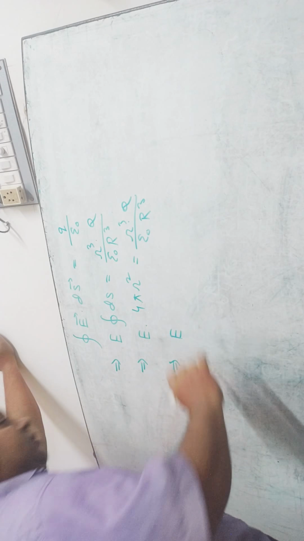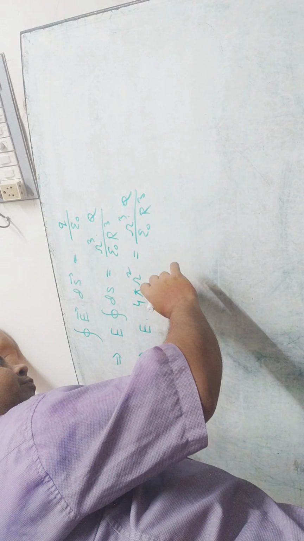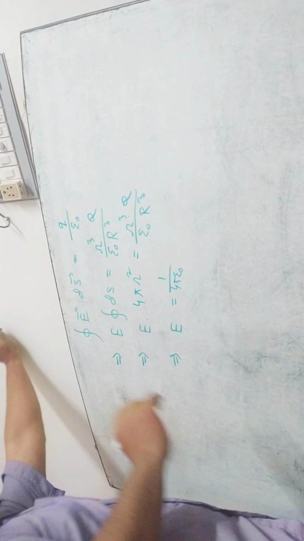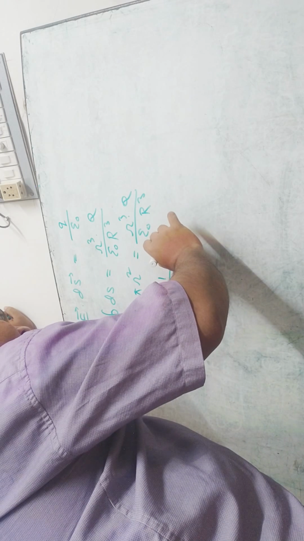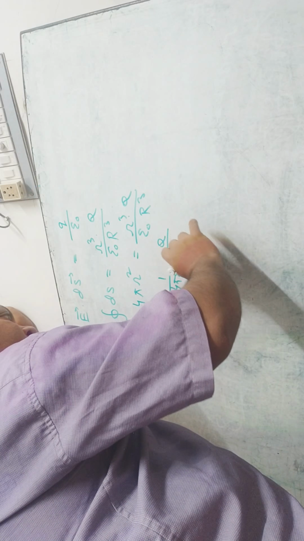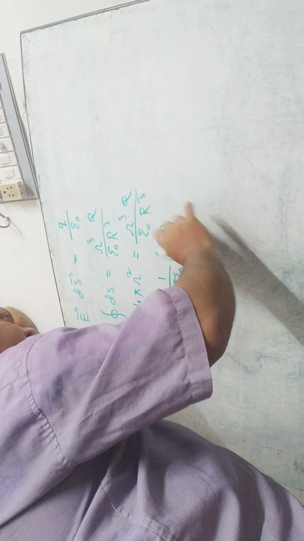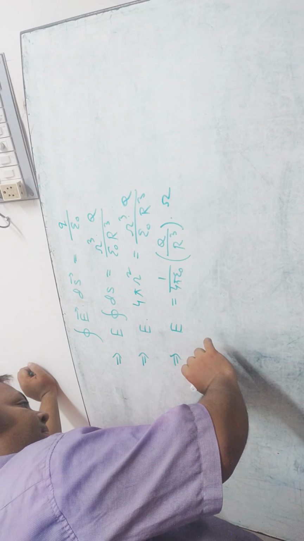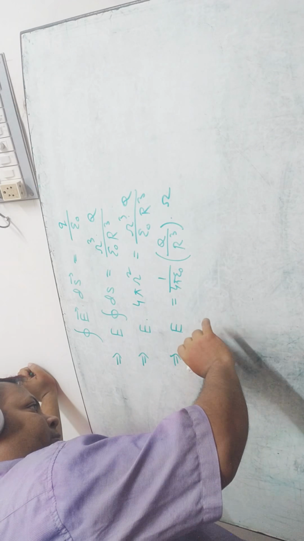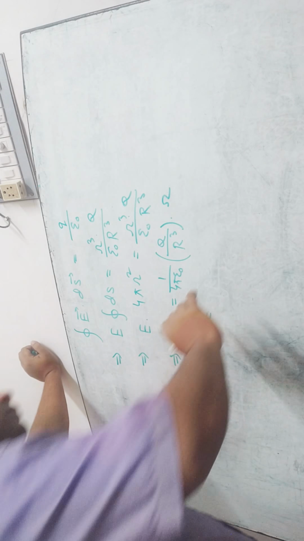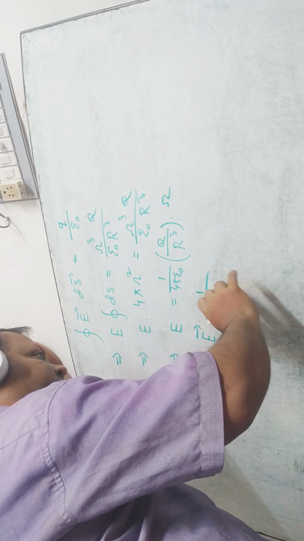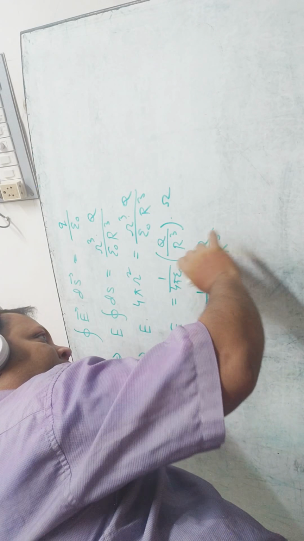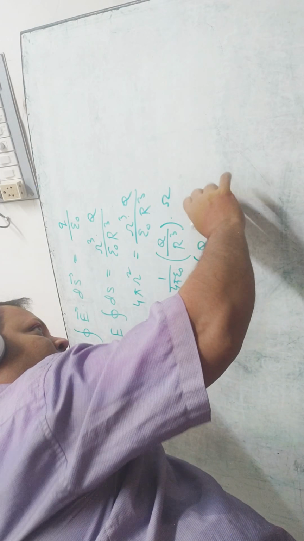This gives E is equal to 1 by 4 pi epsilon 0 capital Q by r cube into small r. Therefore, E vector is equal to 1 by 4 pi epsilon 0 capital Q by r cube into small r vector.